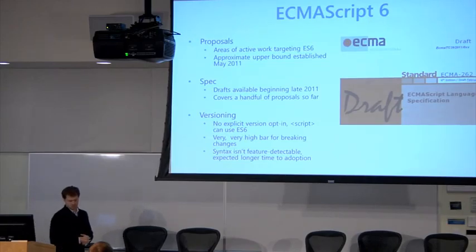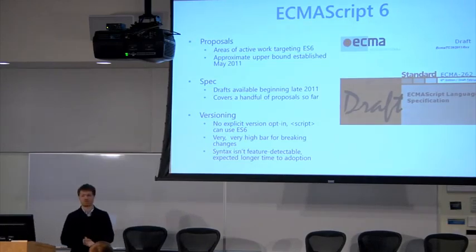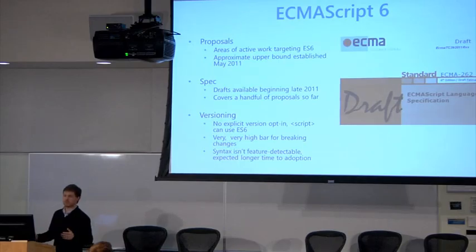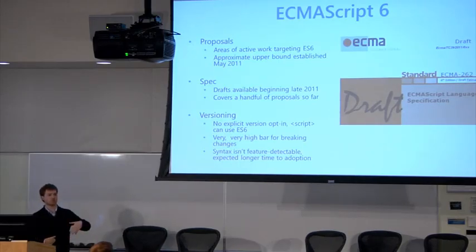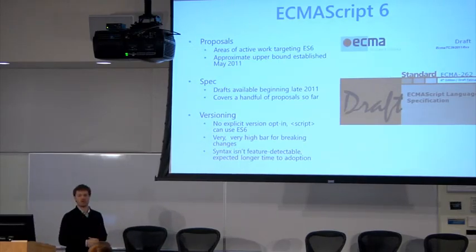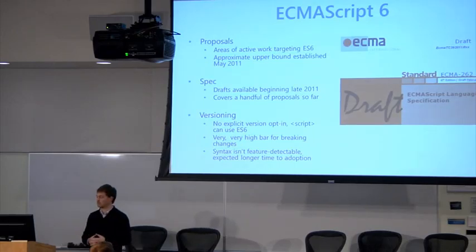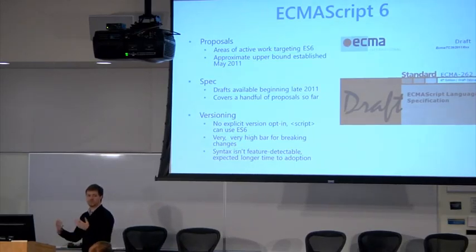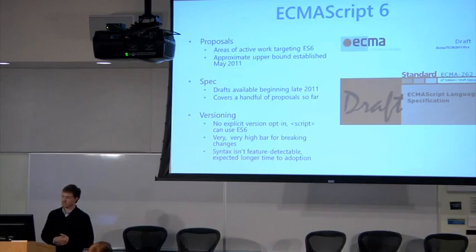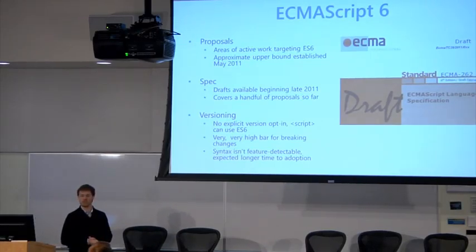And so the decision that has been reached at this stage is that there will not be any explicit versioning opt-in. Just like there has always been in JavaScript and always been in the web platform, your code will roll forward and run on the newer versions of the runtimes automatically and gain access to new features that it can use. So any script tags you have in your existing applications can start to use these features of ES6.